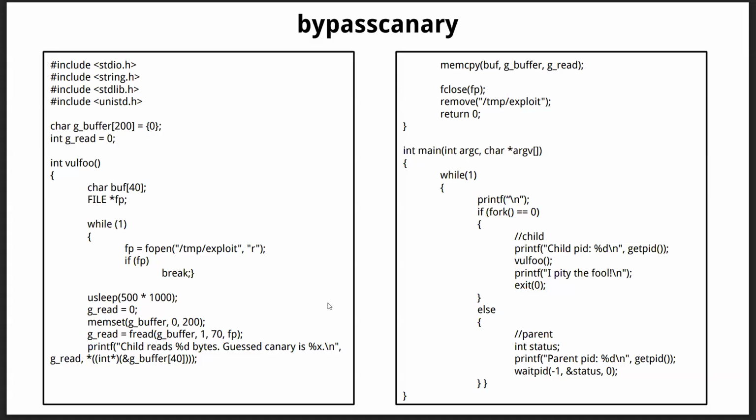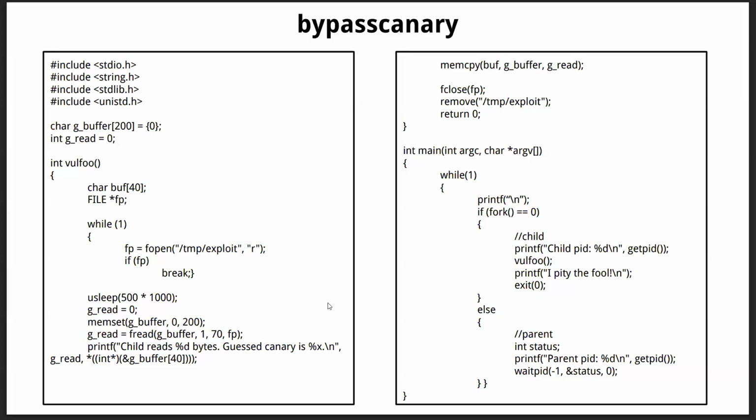From there, it's going to do a memory set of the global buffer, which is 200 bytes. So you can see there's no bug here. The global buffer is 200 bytes, and we're memory setting 200 bytes. Then we're going to read from the open file temp exploit 70 bytes to the local buffer.